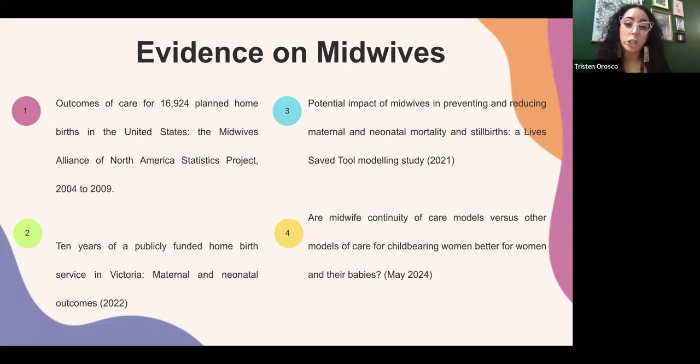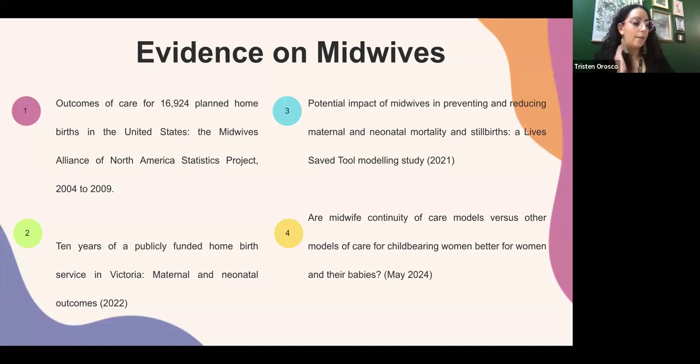This is the largest home birth study conducted within the United States. So of that 16,924 births, 89.1% completed a home birth. 93.6% completed a vaginal birth. So even if they transferred to the hospital, they were still able to have a vaginal birth.